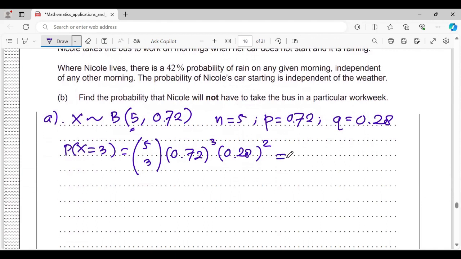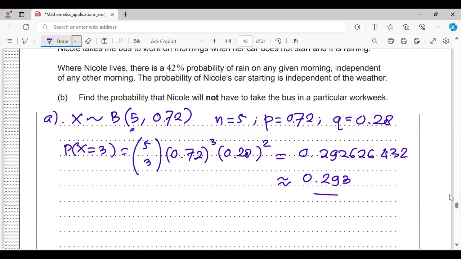If you calculate this, the result is 0.292626432. After that, approximately it becomes 0.293.